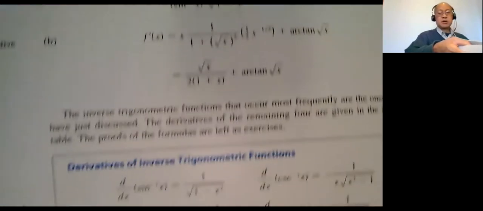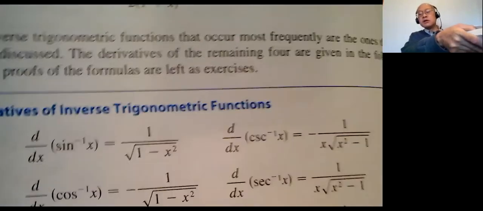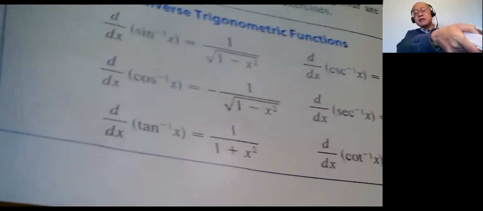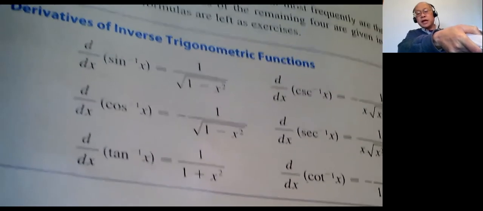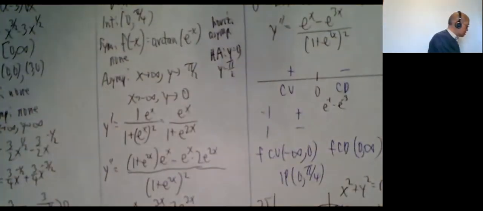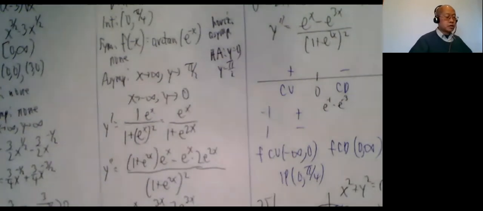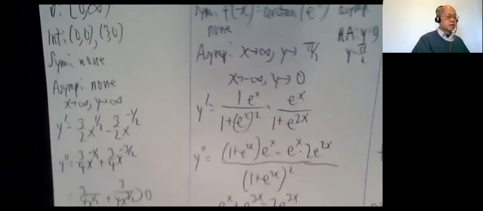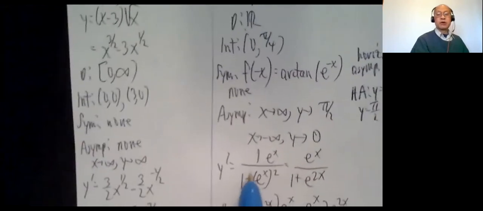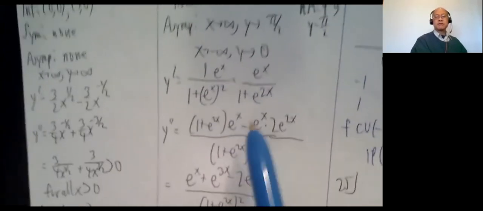There's inverse tangent: 1 over 1 plus x squared. So we have a function, it's 1 over 1 plus the function squared. So 1 over 1 plus e to the x squared, and then times the derivative of e to the x, which is itself. So there's my y prime.